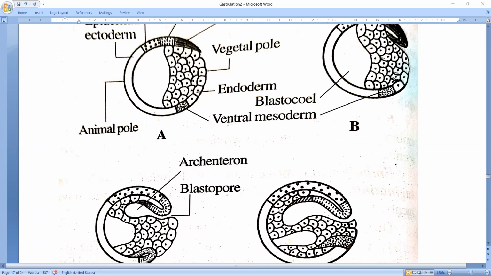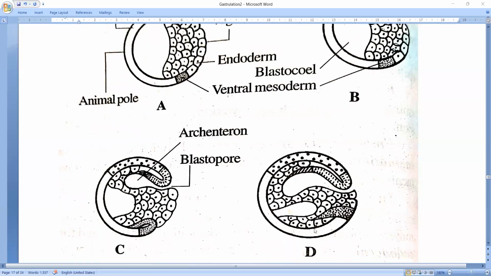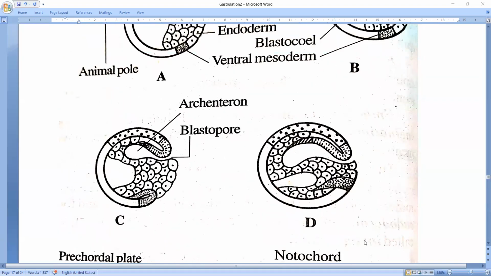Okay, and what is this? Endoderm. And after more development, this mesoderm reaches both sides and the blastopore will almost be closed. Now if you observe, this will be ectoderm and this will be endoderm, and this one which is trying to enter will be the mesoderm.